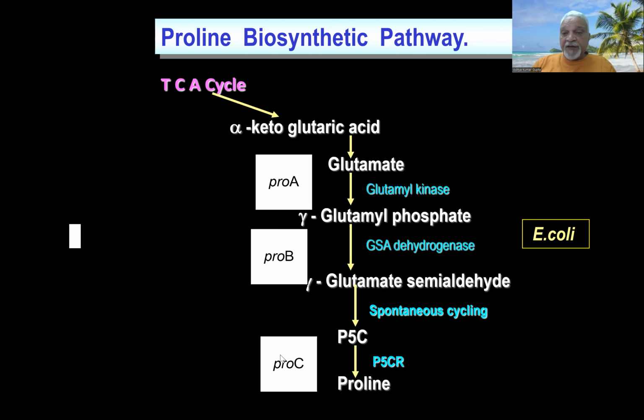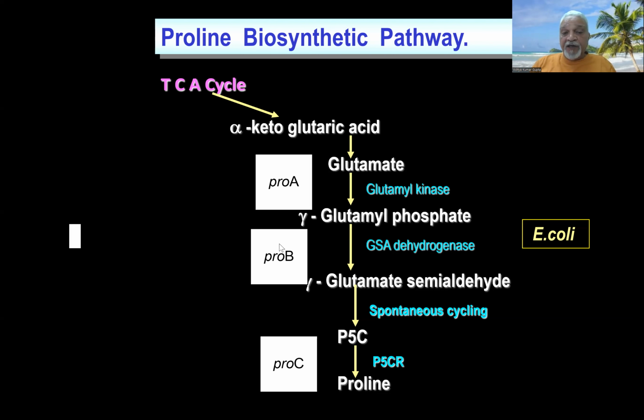So this phenotype is because of the presence of these genes, and these genes are perfect and they are expressing themselves. They are making these enzymes. proA is responsible for the enzyme we call glutamyl kinase, which converts glutamate to glutamyl phosphate.